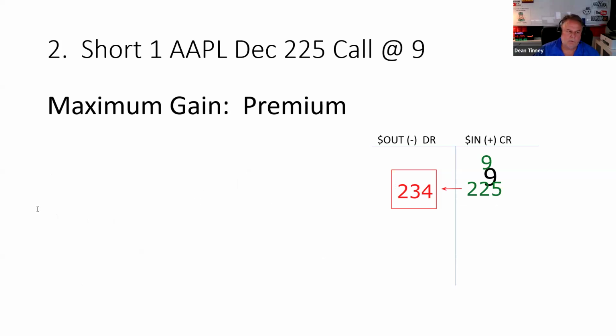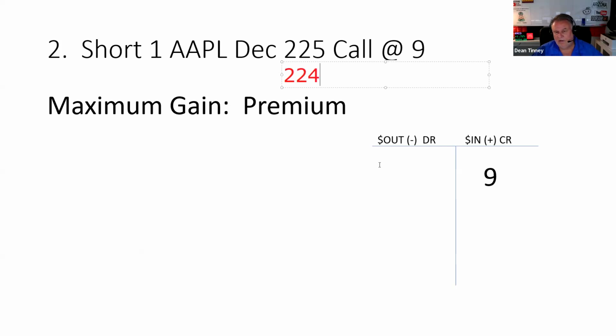Your customer goes short one Apple December 225 call at 9, when Apple is 227. Who cares? At expiration, Apple is 224. So I am under no obligation on the test to tell you what happened.